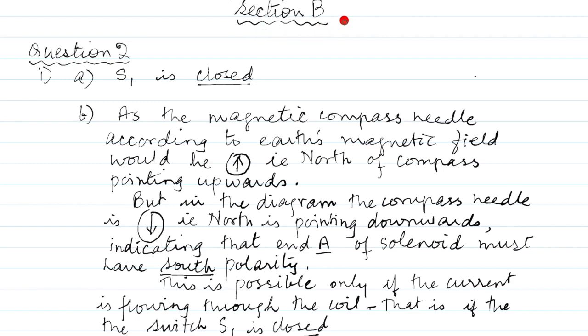So in the answer paper, we'll write section B, we'll write question 2. If we are attempting this, remember we have to attempt any 3 questions. And the A answer will be whether it is closed or open. It is closed, and that will give you your 1 mark. As the magnetic compass needle, according to the Earth's magnetic field, would be in this position, that is showing north.